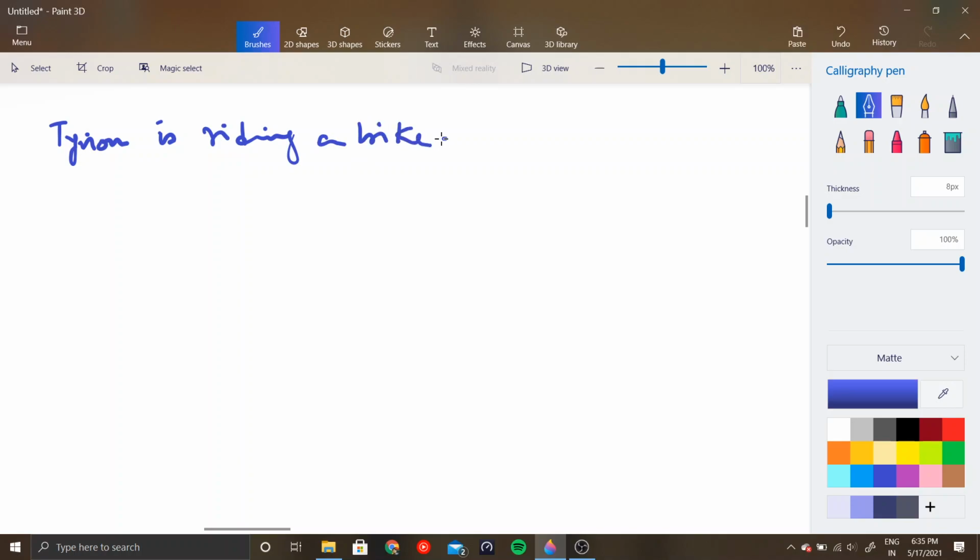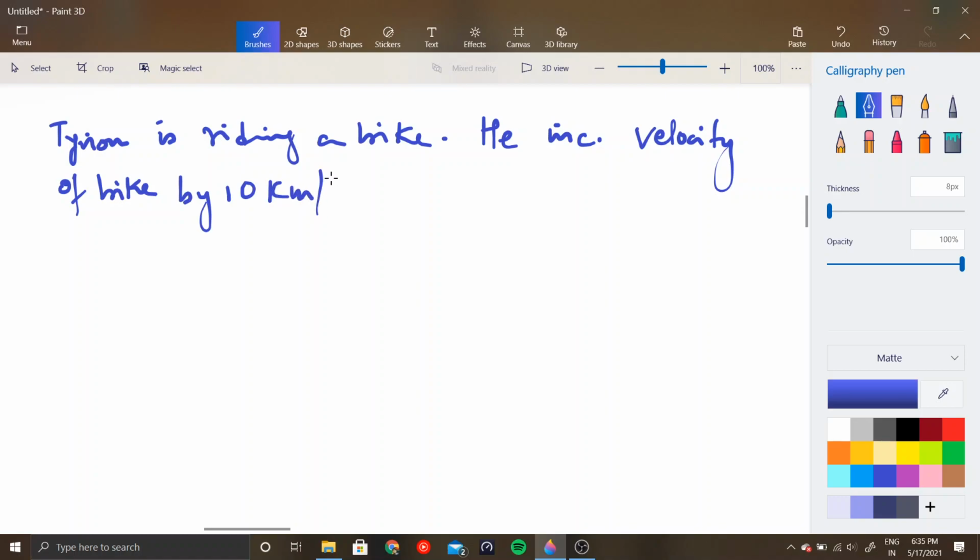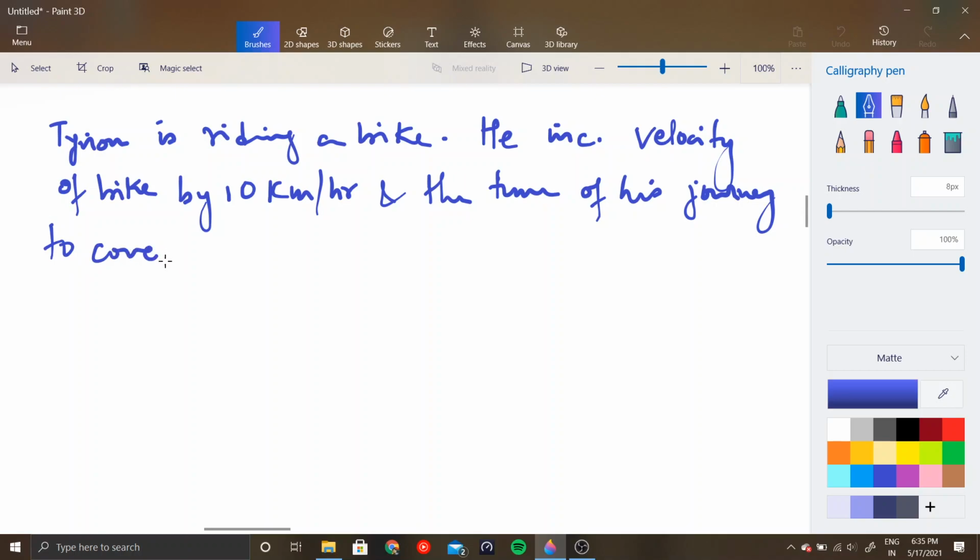Now he increases the velocity, that is basically the speed of the bike, by 10 km per hour, and the time of his journey to cover 72 kilometers is reduced by 36 minutes. We need to find his original velocity v.